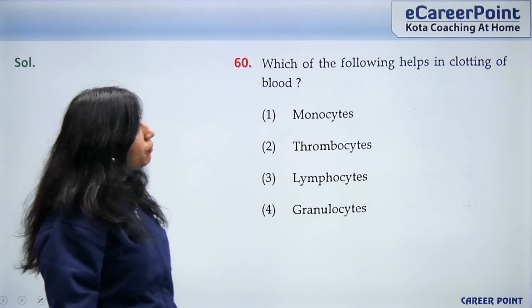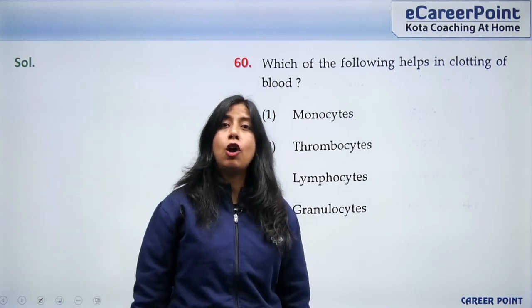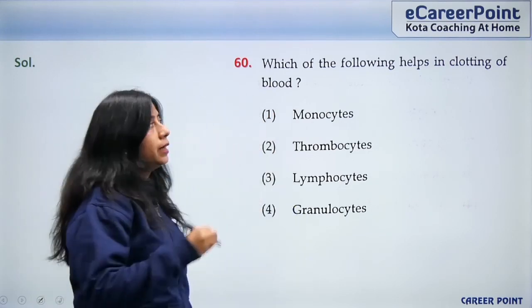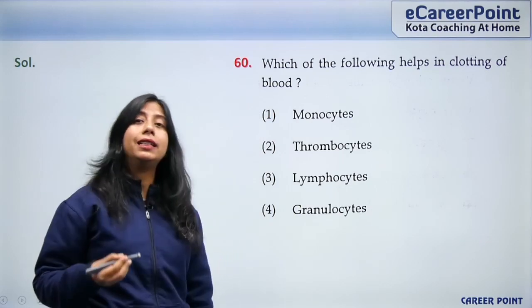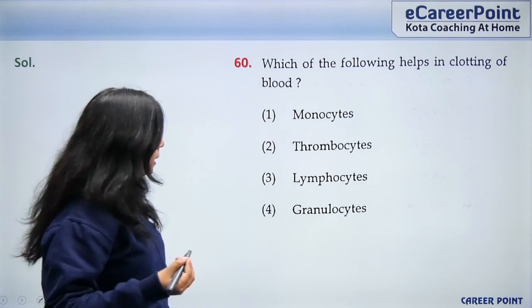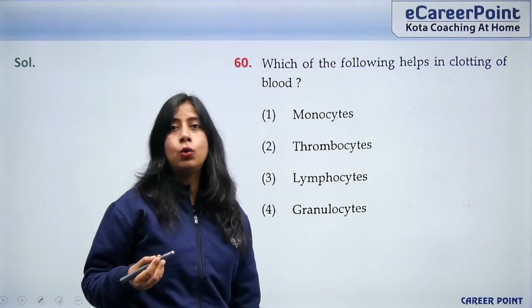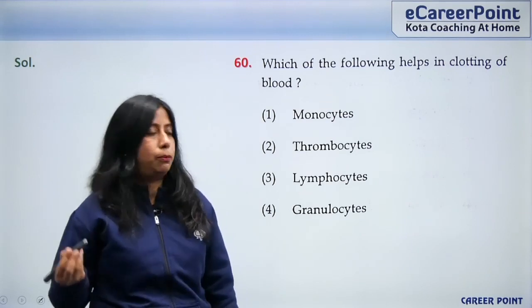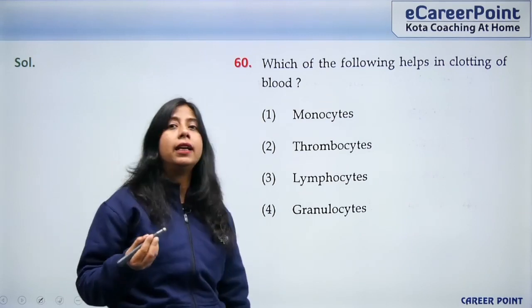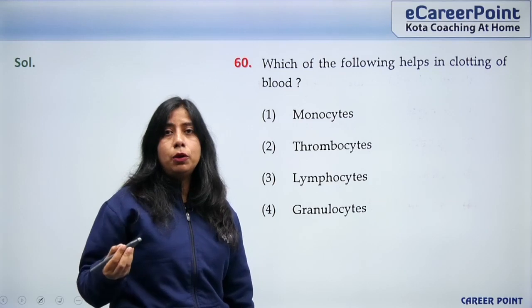Next, which of the following helps in clotting of blood? So here, if we see the options, monocytes, a type of WBC, leukocyte. Thrombocytes are known as platelets. Lymphocytes, another type of WBC. Granulocyte is a category again in WBC.